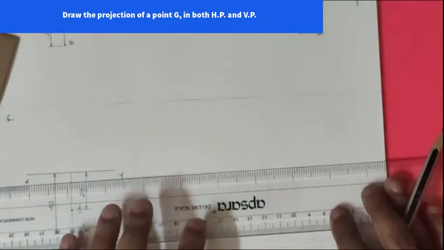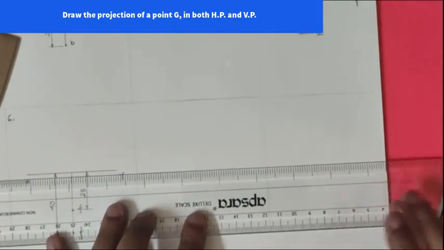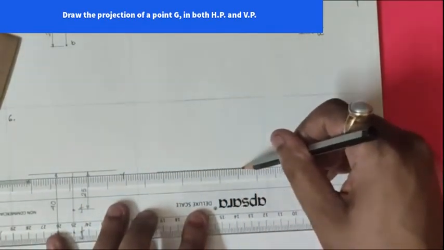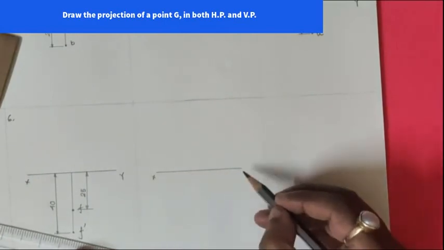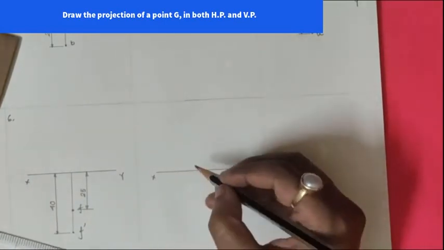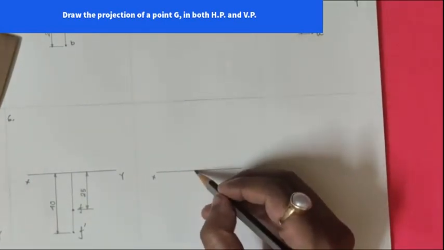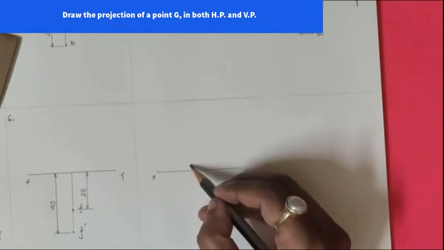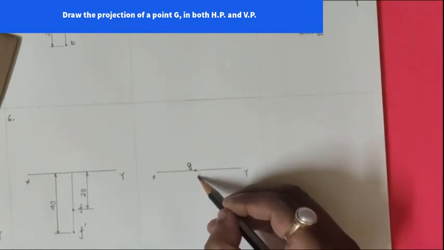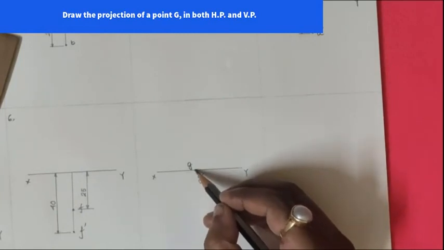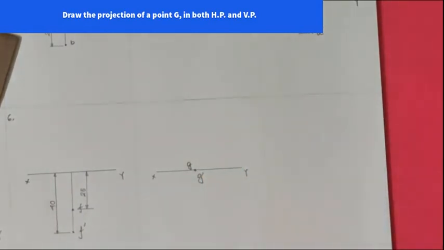So for these type of problems, this is your XY line and your point G will be here. So this is your point G and G dash. The point that is top view and front view amar same jagate thakibo. This is for your question number 7.